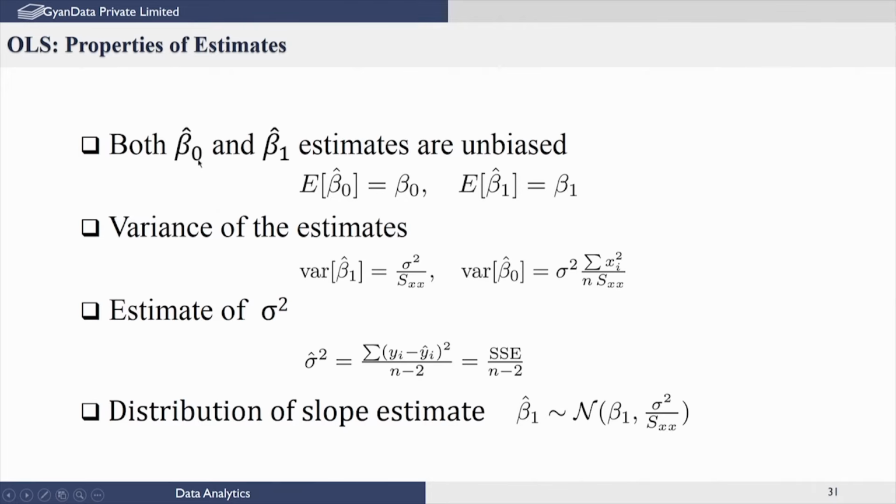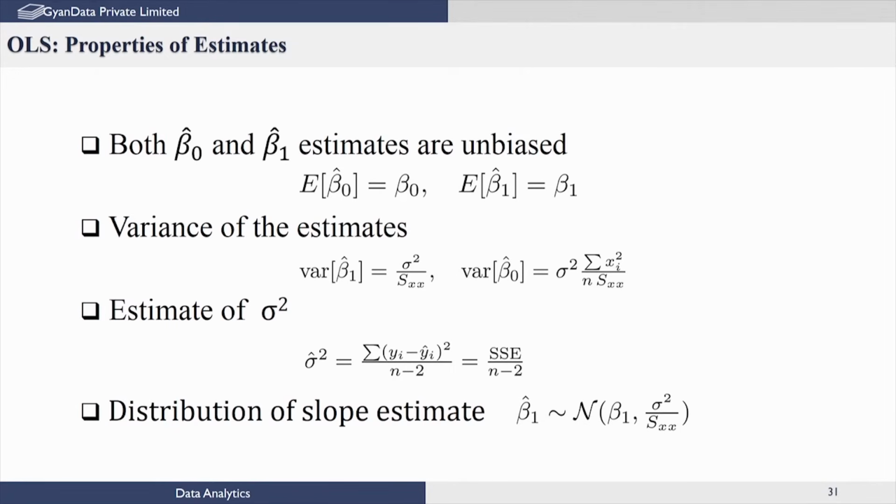Remember that the coefficients of the linear model that we have fitted, which is the intercept term beta naught and the slope term beta 1, are obtained from data, from the sample of data that you are given. We have indicated that these are estimates and not the true values by putting this caret term on top of each of these symbols, which means that this is an estimate. Beta naught hat is an estimate of the true beta naught and beta 1 hat is an estimate of the true beta 1, which we do not know.